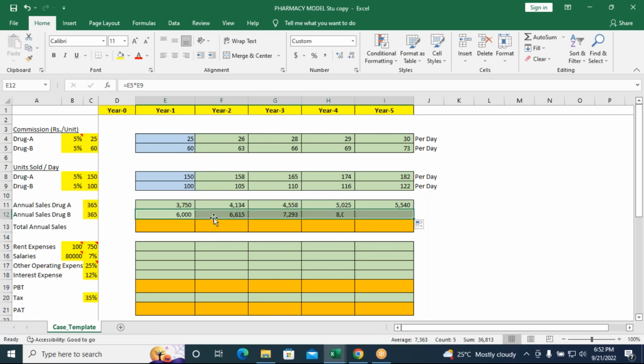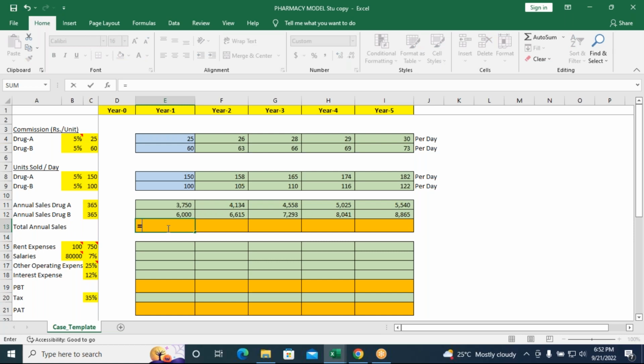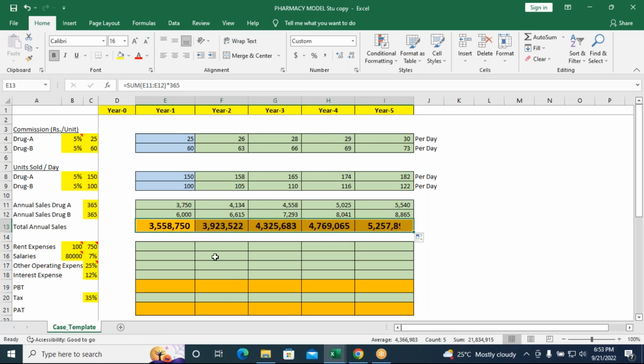When we want to calculate for 365 days, we take the unit amount and the units sold. So equals sum of, open the parenthesis, select both cells into 365. What you told me earlier, I am doing here. So, understood this?